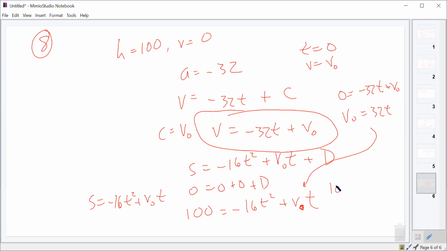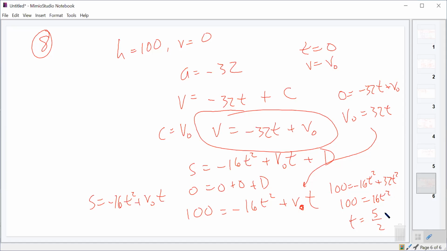So we'll end up with 100 equals negative 16t squared plus 32t times t, 32t squared, which will give us 100 equals 16t squared, which will tell us that it hits that height when t is the square root of 100 over 16, which would be 10 over 4, which would be a time of 5 over 2.